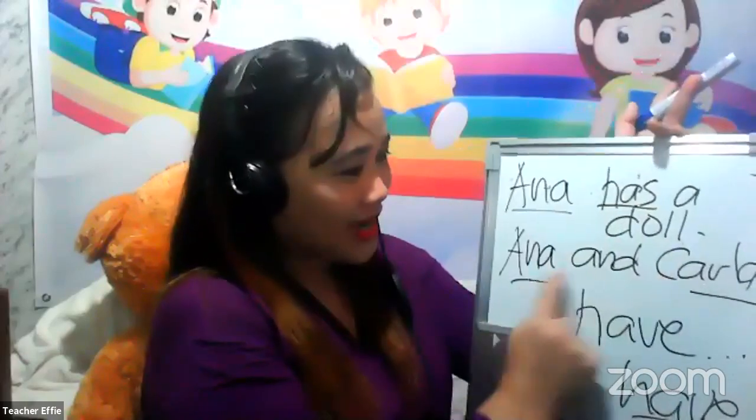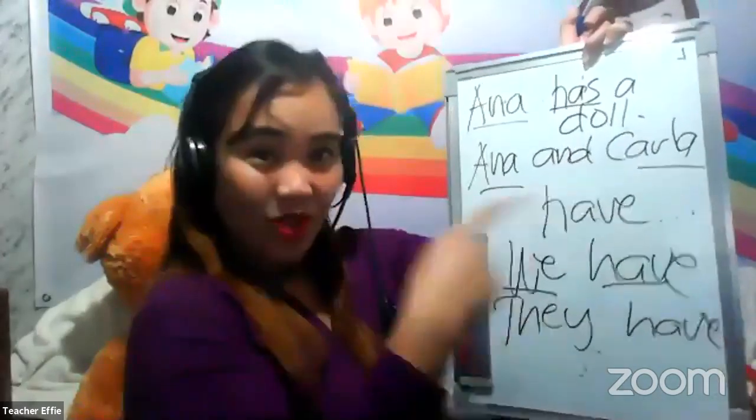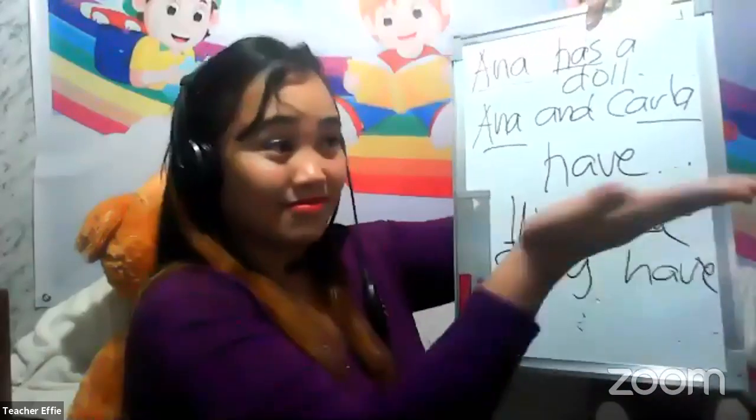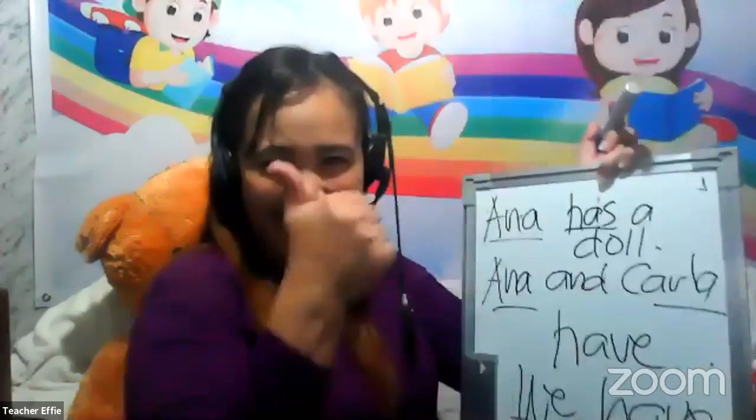Anna, one person, has. Anna and Carla, two persons, have. We are referring to this time now. Then we have. Then they have, whatsoever. All right. So I hope it's clear.